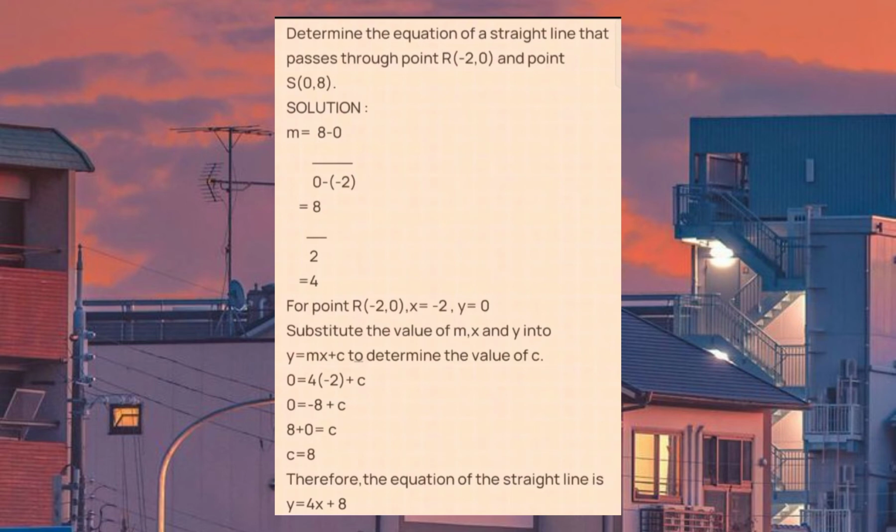The equation y equal to mx plus c will become 0 equal to 4 multiply negative 2 plus c. So, the value of c is equal to 8. Therefore, the equation of the straight line is y equal to 4x plus 8.